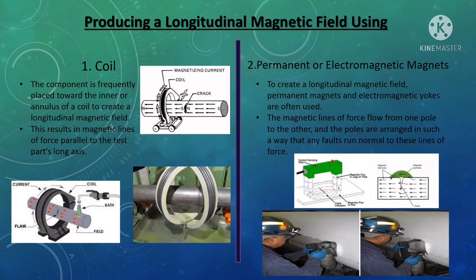For the second method, the electromagnet, to create a longitudinal magnetic field, a permanent magnet and an electromagnet will be used. The magnetic lines of force flow from one pole to another, and the poles are arranged in such a way that any force runs normal to this line of force.